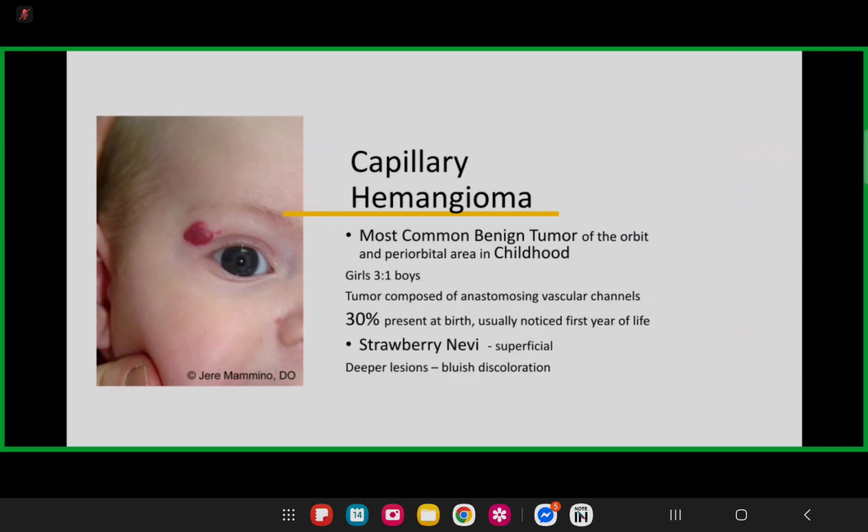So if you see a dark spot, we often call it a nevus, or in dialect an aum. But if it's red, then more likely capillary hemangioma. So often we can say it's a strawberry nevus, when it's very superficial. But if it becomes deeper, instead of being red, the color of the skin may be a little bit bluish.